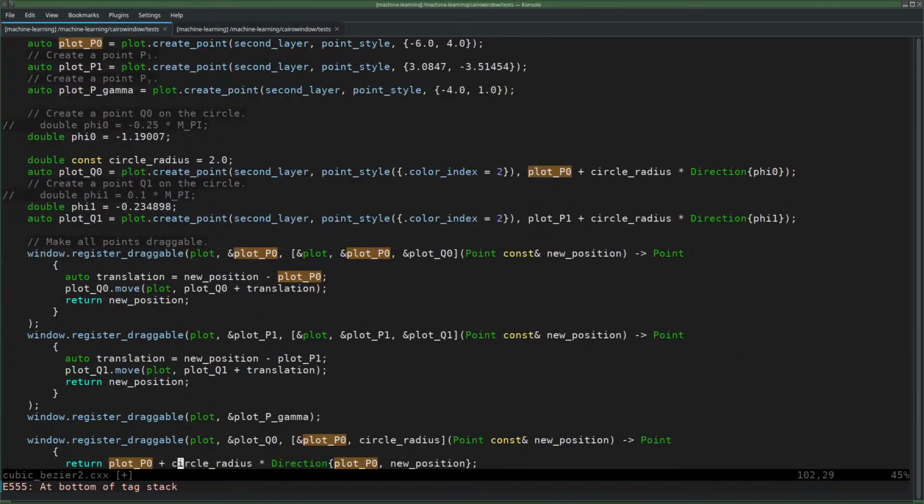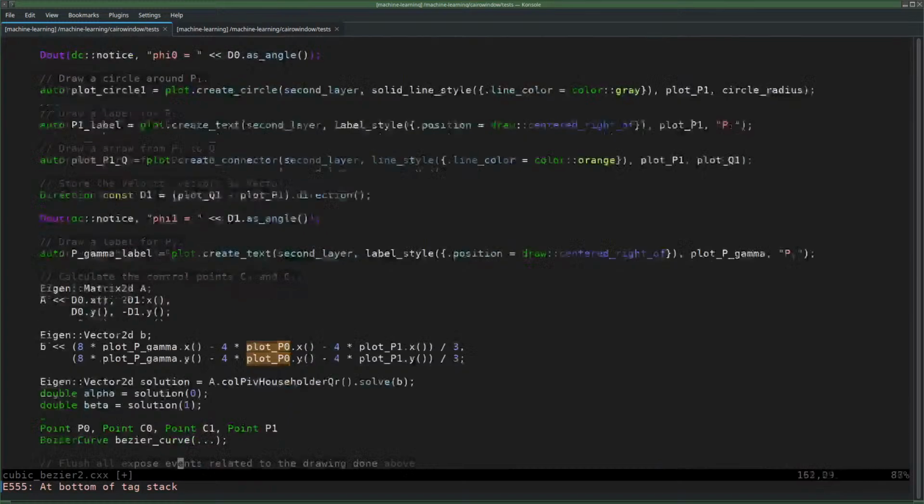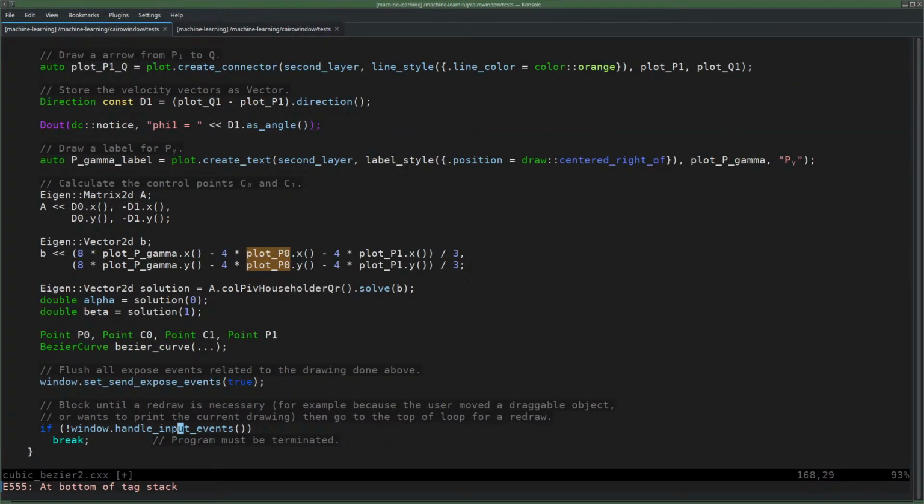So plot point can be passed as a point. And my mouse buffer contains this because I had to highlight it. Plot P0, comma C0, comma C1, comma plot P1.